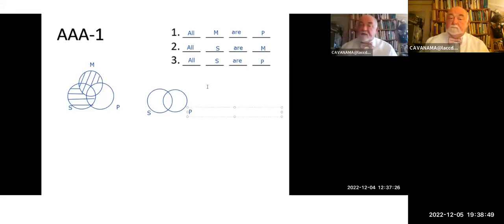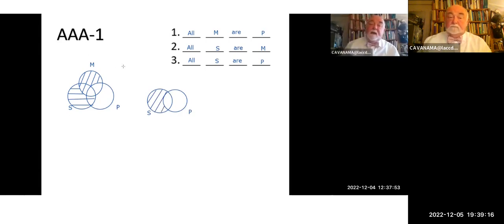It has to show that everything which is an S is also a P, therefore those bits of the S are empty, and we show that this way. Now, does the complex diagram show at least as much as the simple one does? The answer to that is yes. Even though, once again, I didn't do the two colors this time, but it's a little easier to see.